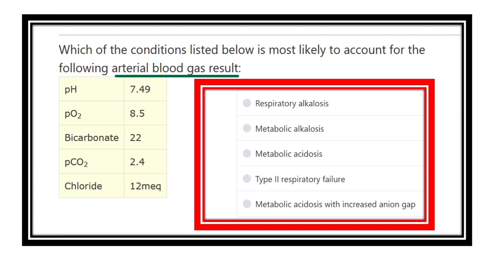The answering options are respiratory alkalosis, metabolic alkalosis, metabolic acidosis, type 2 respiratory failure, metabolic acidosis with increased anion gap.